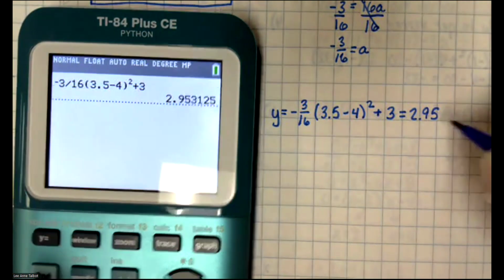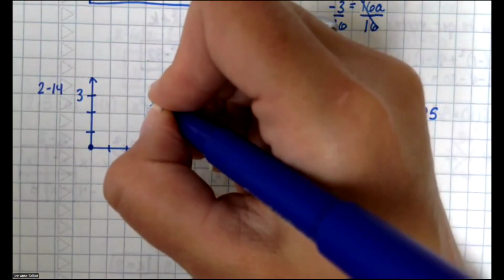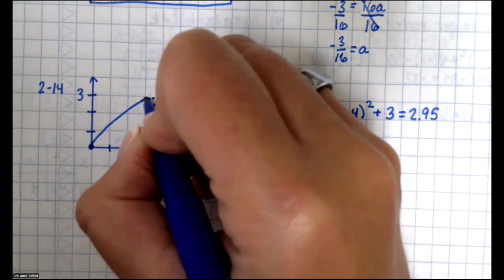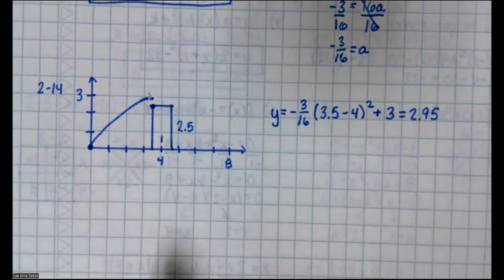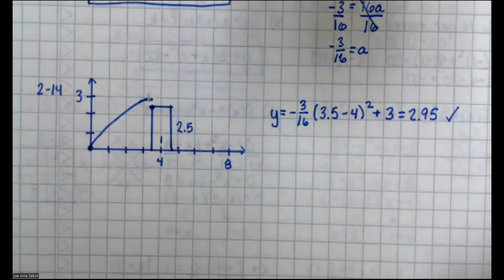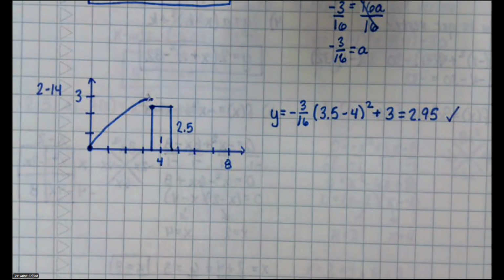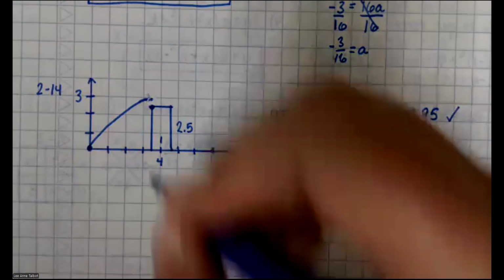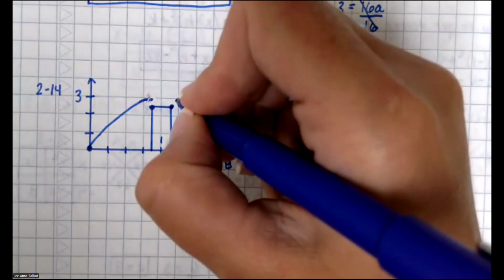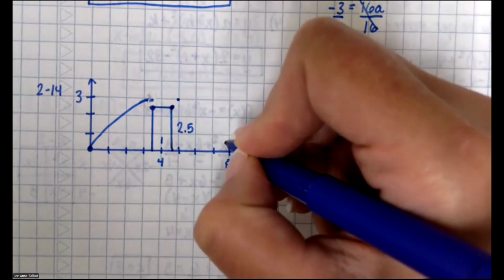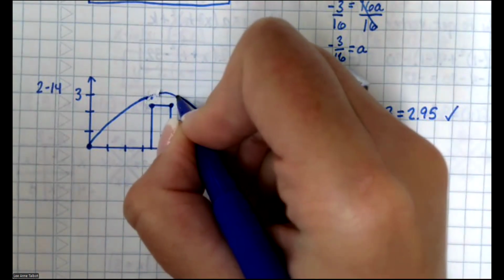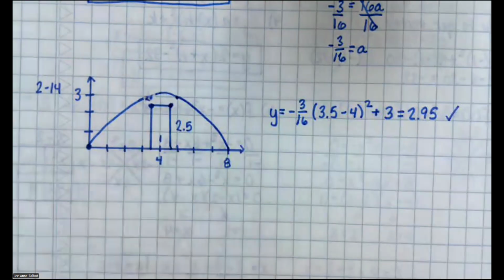Okay, so if it goes 2.95, it'll go right here. Nope, because this is 2.5. Okay, where's the other spot that it might hit? At 4.5. But what do you know about parabolas? Right, so it's going to do the same thing from this side, which means our bunny is okay.